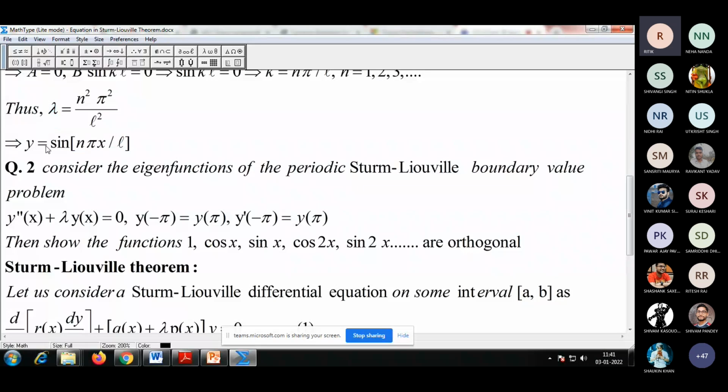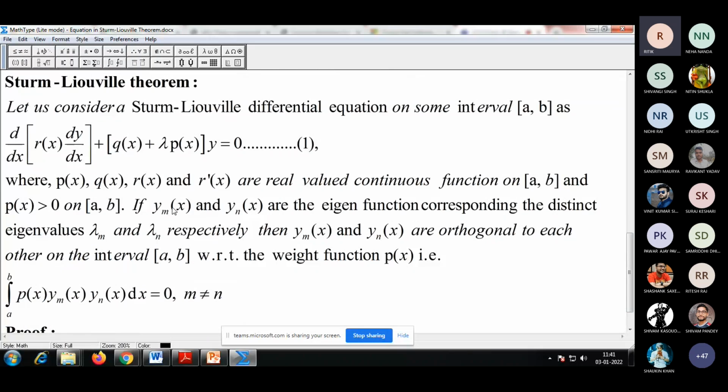So the theorem is here: if ym(x) and yn(x) are the eigenfunctions corresponding to the distinct eigenvalues λm and λn respectively, then ym(x) and yn(x) are orthogonal to each other on the closed interval [a, b] with respect to the weight function p(x).